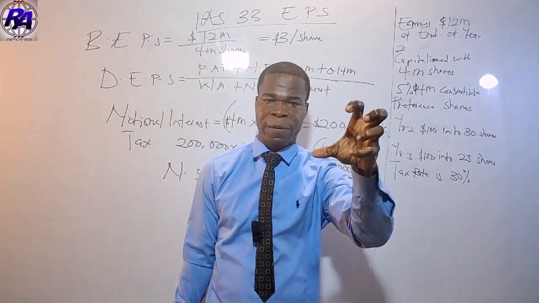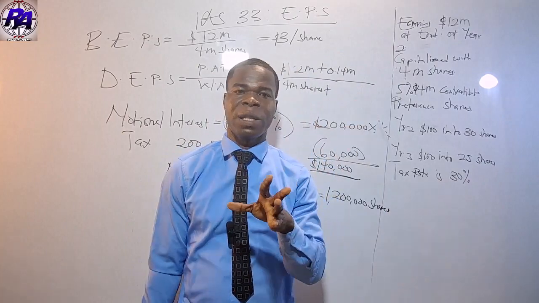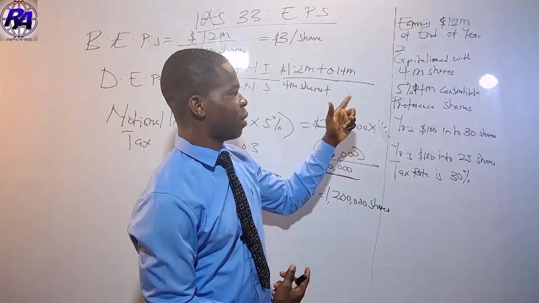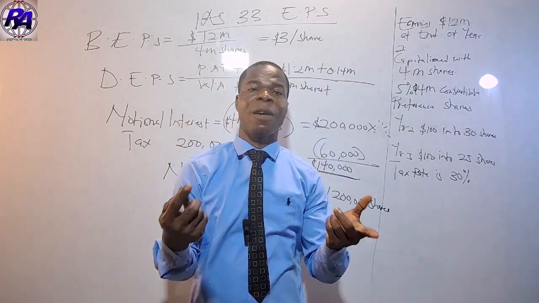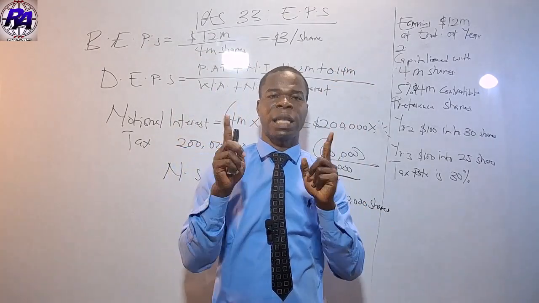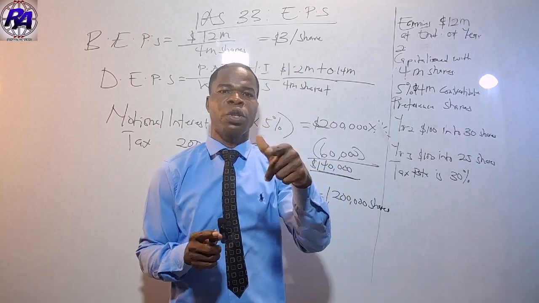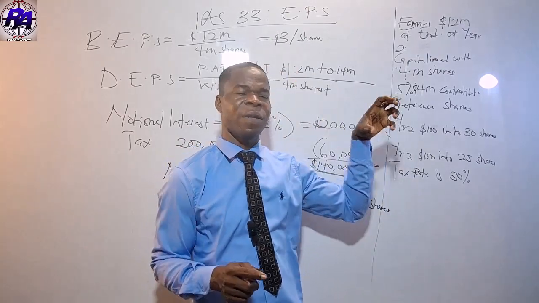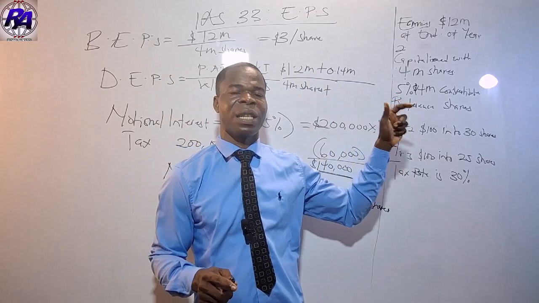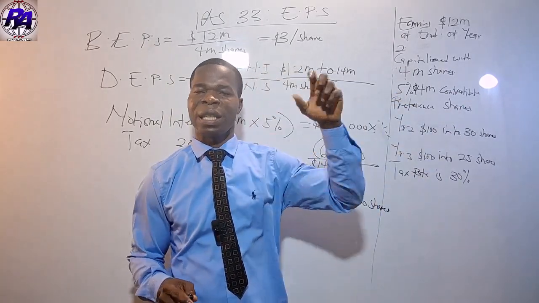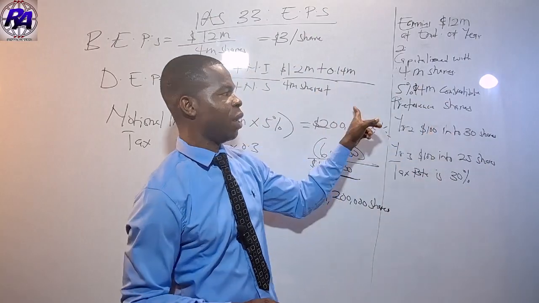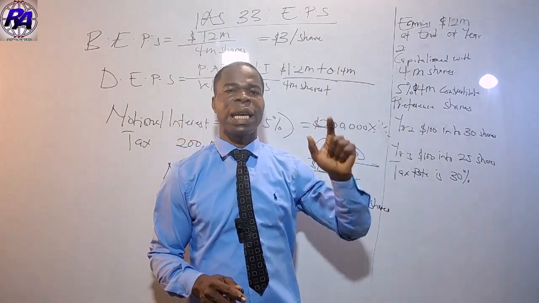What I mean to say is that their additions will not dilute the basic earnings per share. If that happens, there's no need for diluted earnings per share. So always you have to check if the potential ordinary shares are dilutive in nature before you go ahead to compute your diluted earnings per share.